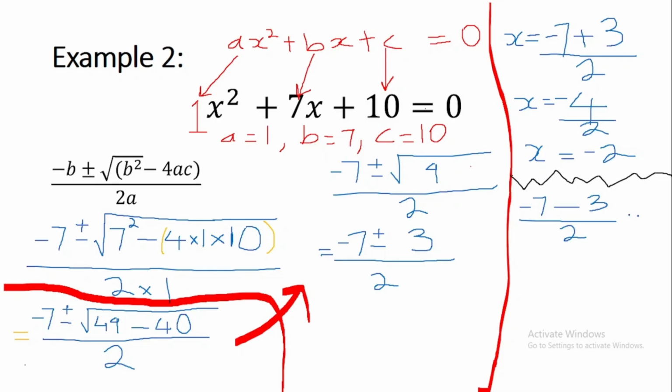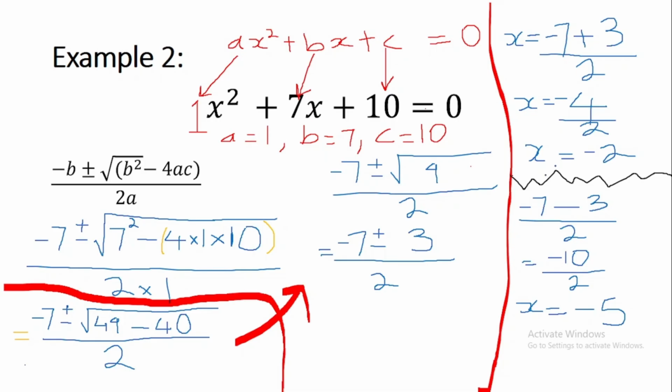So 7 plus 3, that's going to be 10. So we're going to have negative 10 divided by 2, so x is going to be equal to negative 5.